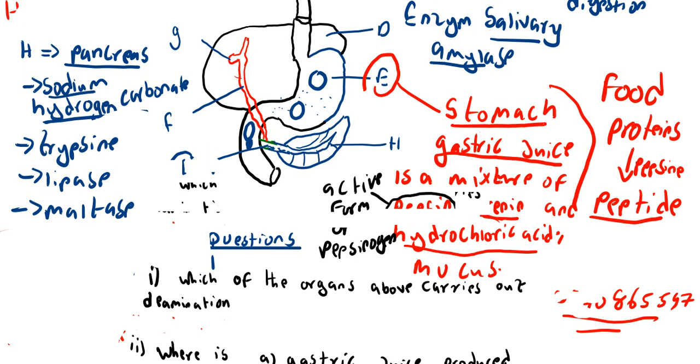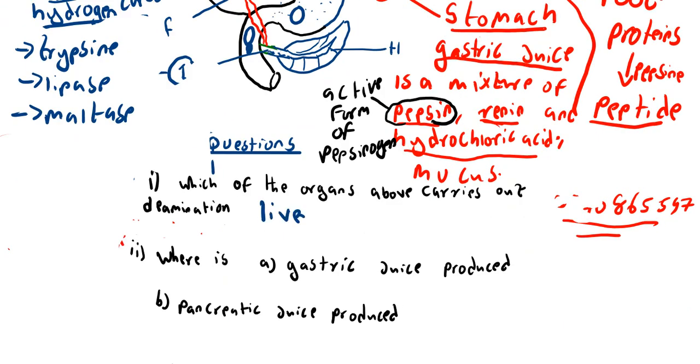So guys, deamination happens in the liver, and deamination, in simpler terms, is a process by which an amine group is removed from an amino acid. It's just basically the removal of an amine group. Let me write it.